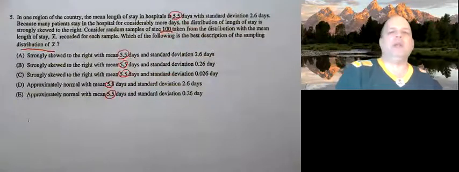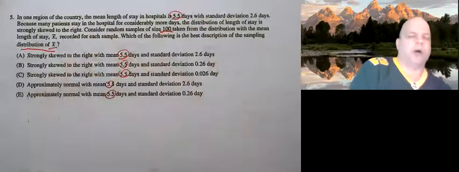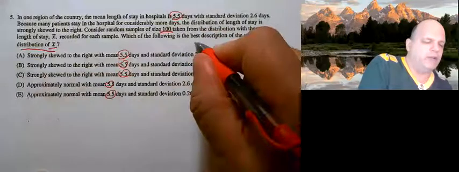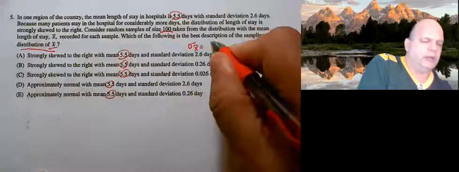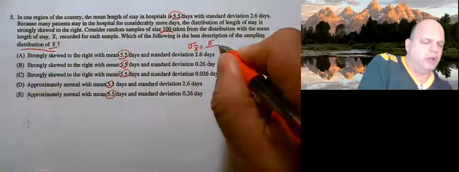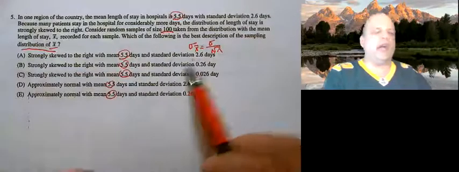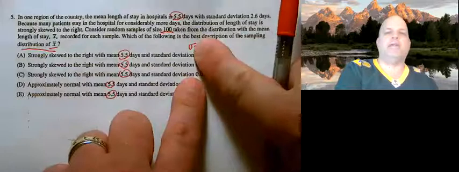Okay, so now we need to be very careful. They say sampling distribution of X bar. So that's the sampling distribution of the mean, and the standard deviation for X bar is simply the standard deviation divided by the square root of n. Now, if they had asked for the standard deviation of the sample, this would just be that value right there.